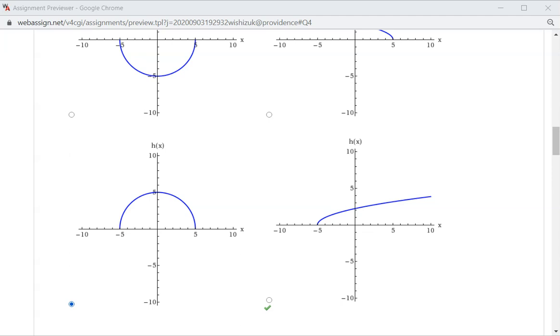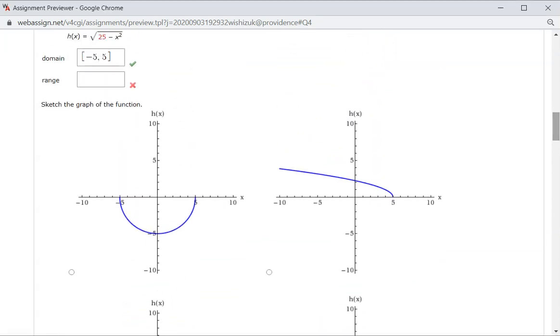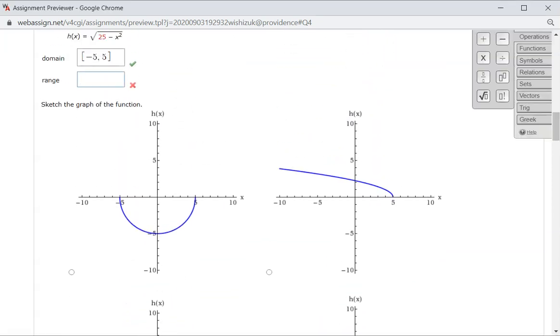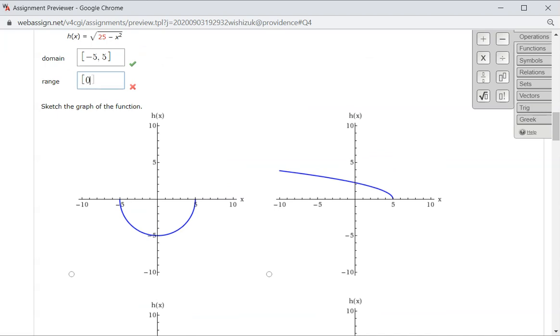Here the y value is 0 and there the y value is 0, and then it could go up and up, and the largest y value it can get is 5. So the y value only takes between 0 and 5, including 0 and including 5. Therefore, our range is going to be starting from 0, including 0, to 5.